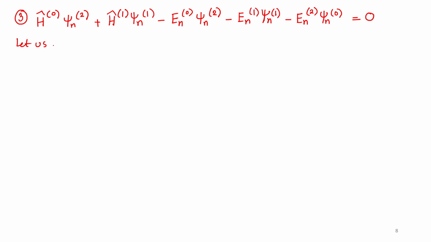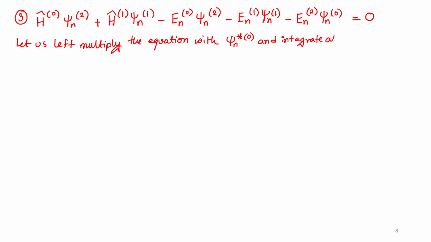Let us left multiply the equation with psi n star zeroth and integrate over all the space. So the first term would be integral d tau psi n star zeroth, right?